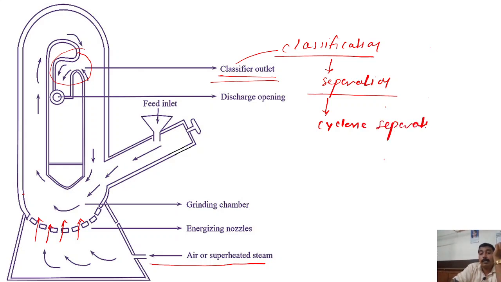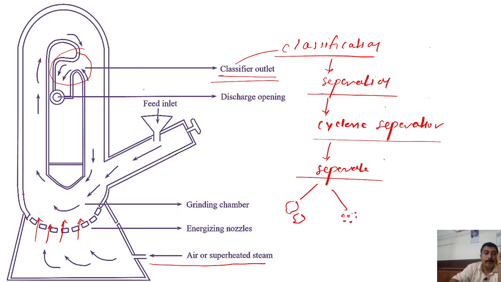What is the role of the cyclone separator? Its role is to separate coarse powder particles from fine powder particles. Fine powder particles are collected as a product, and coarse powder particles enter the hollow pipe again and undergo size reduction. This movement of the powder through the hollow loop continues till a product of the desired size is obtained.